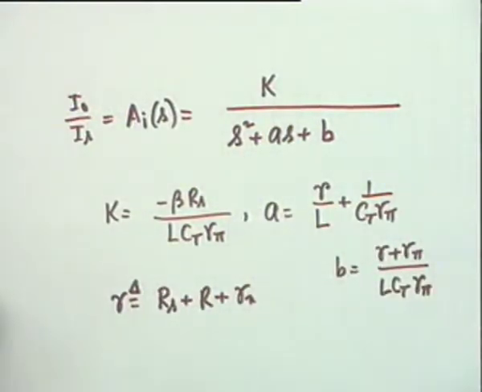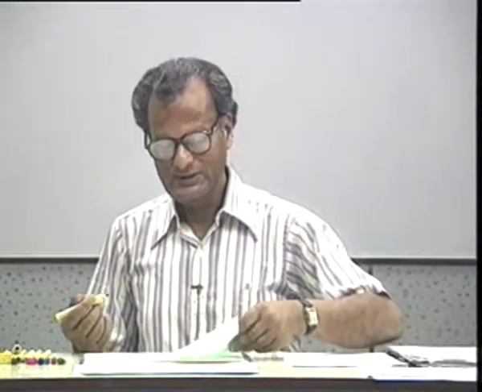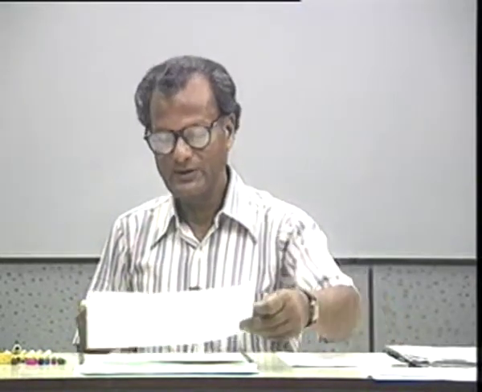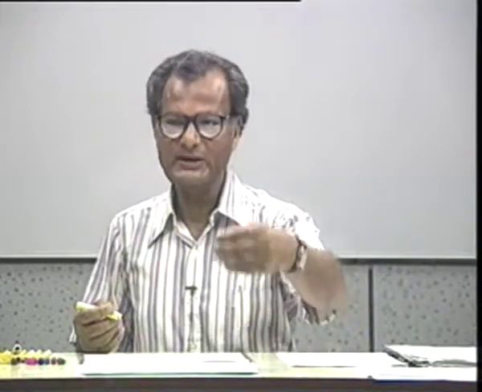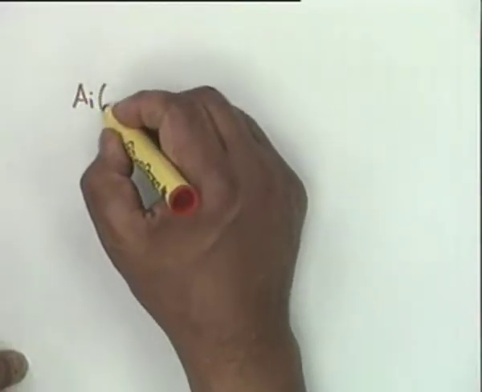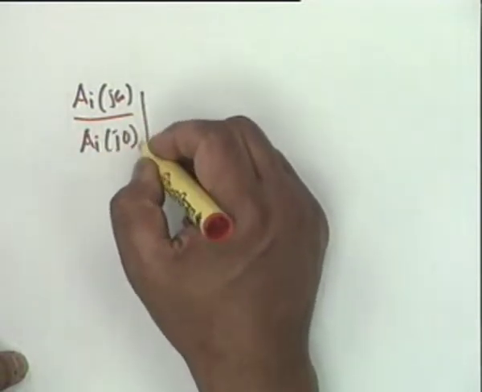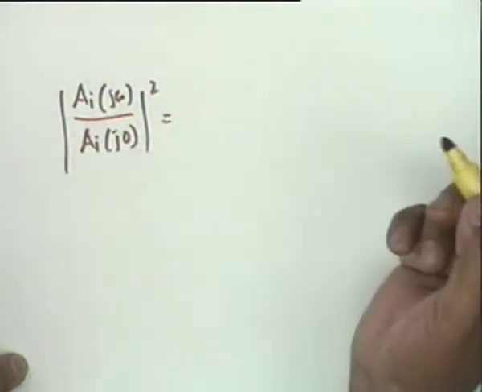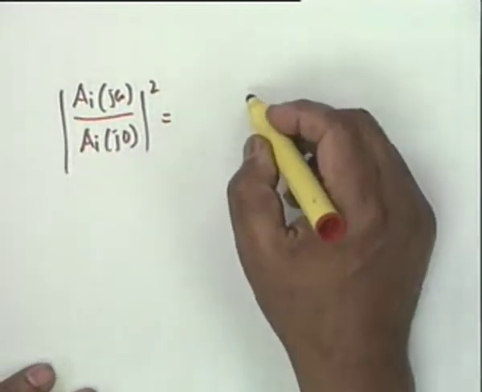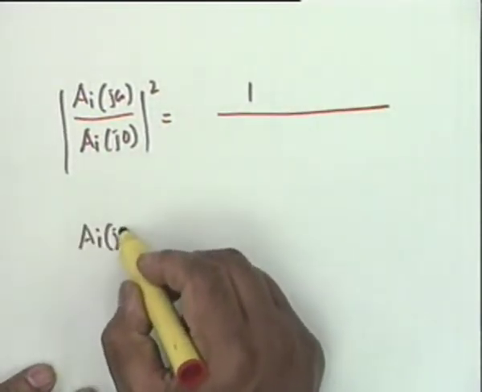The next thing we do is we want maximally flat magnitude response, and therefore we take the magnitude and put it in the form in which the numerator as well as denominator starts with 1. So I get Ai j omega divided by Ai j0 magnitude squared as 1 over, well, let me put down what is Ai j0.